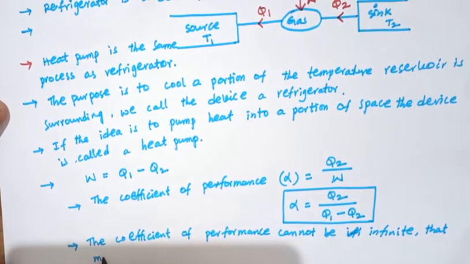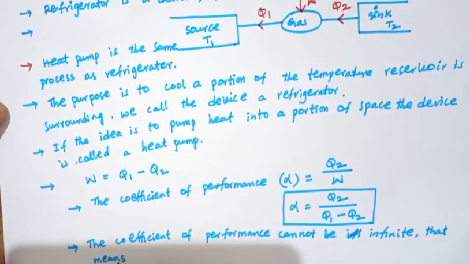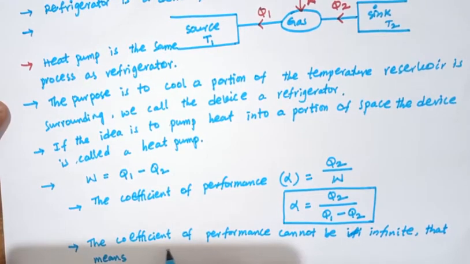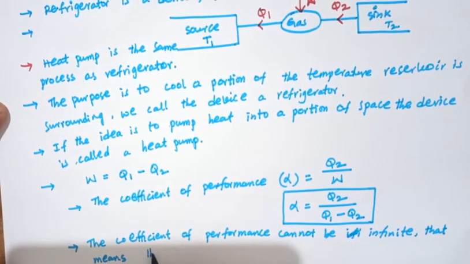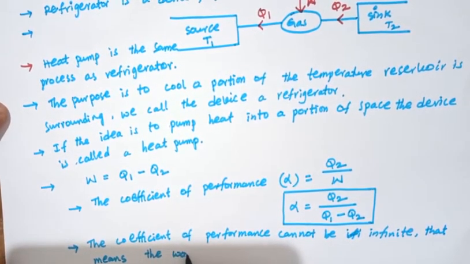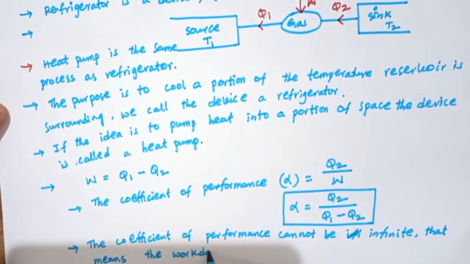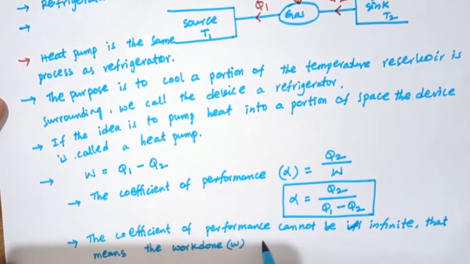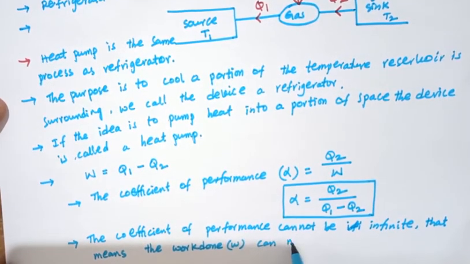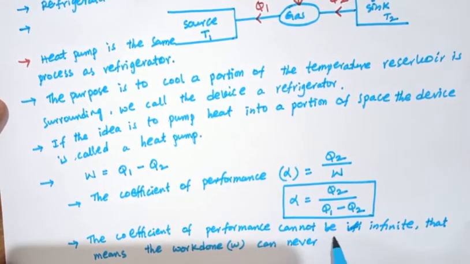That means the work done W can never be zero.